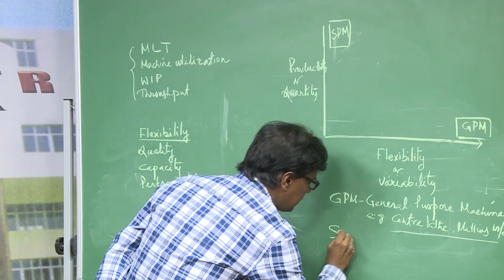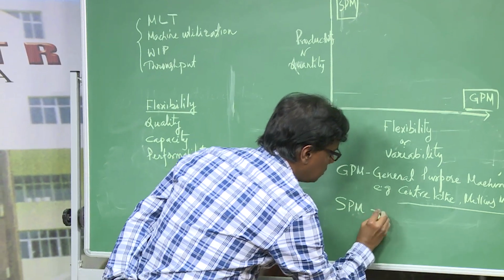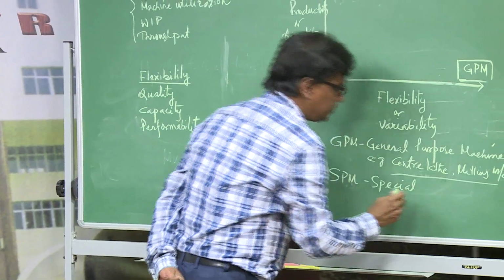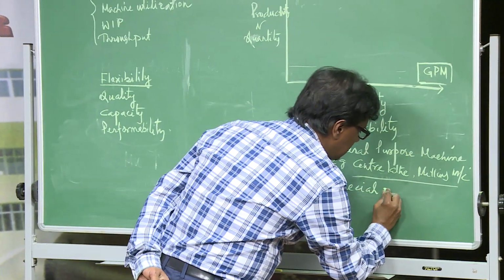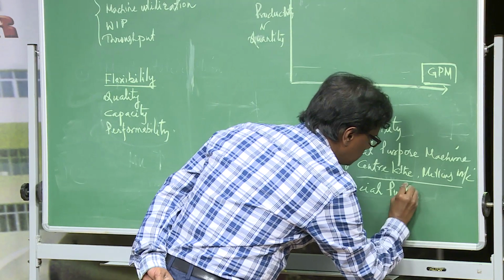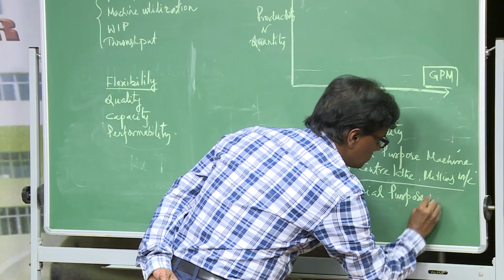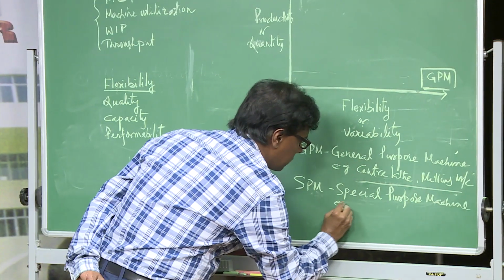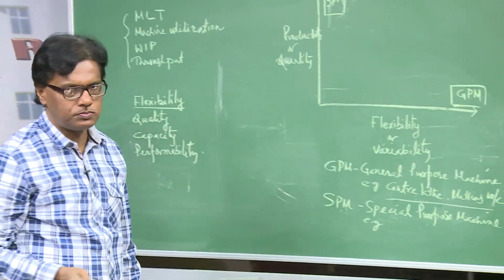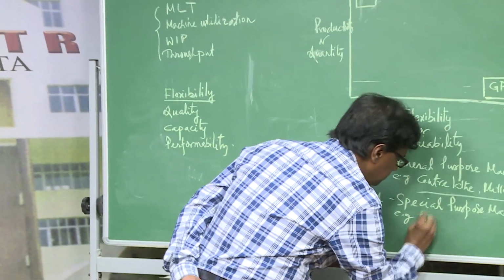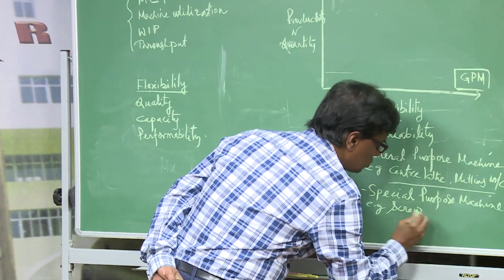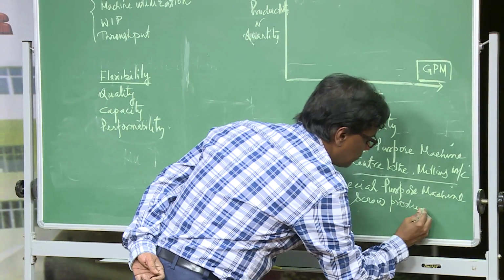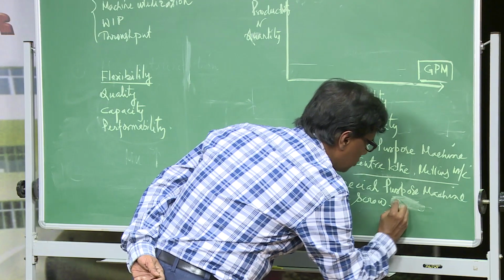SPM stands for special purpose machine, as for example screw cutting machine, screw producing machine, nail producing machine.